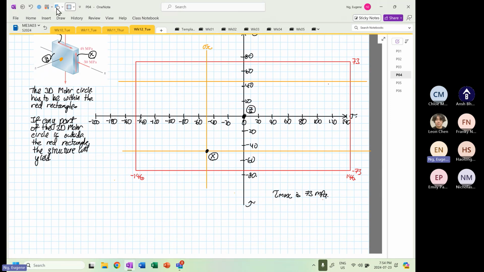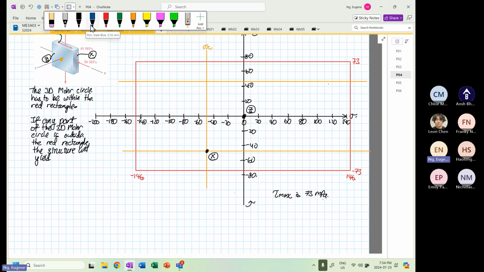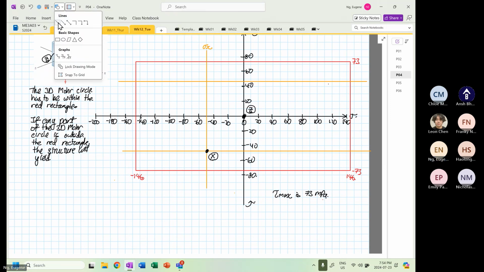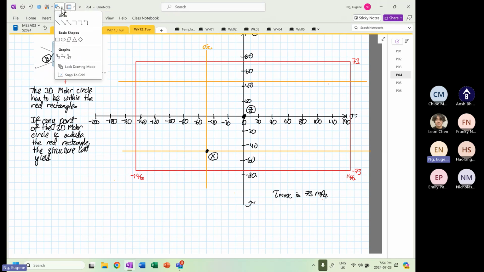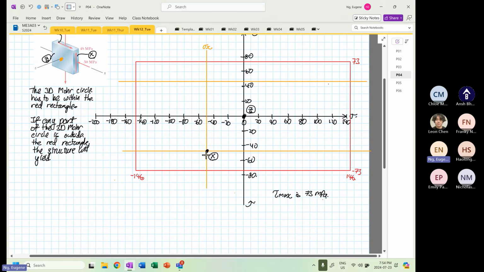Now I'm going to sketch in orange. One of the possibilities is we have our average stress at this point. This is just a sketch, by the way.